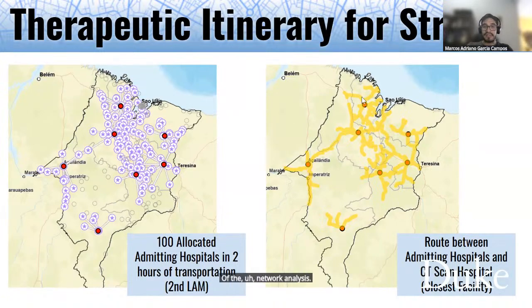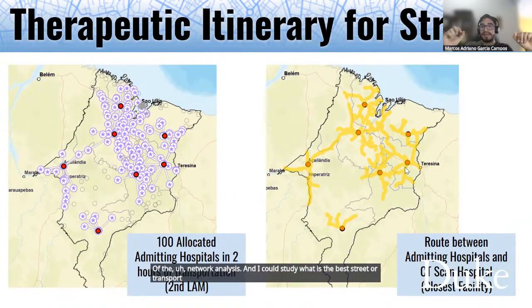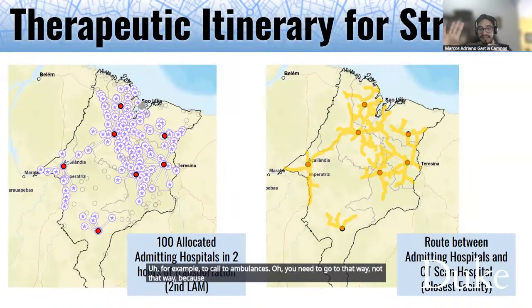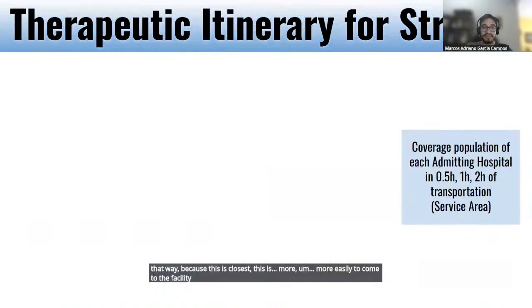And I could study what is the best street or transportation, for example, to call an ambulance. Oh, you need to go that way, not that way, because this is closer, more easily to come to the facility, to the CT scan.